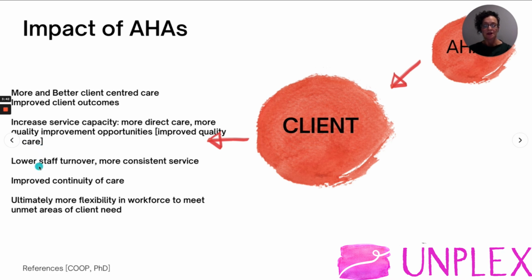Through lower staff turnover, we'll see a more consistent service. We'll see improved continuity of care, and ultimately we'll see the flexibility in the workforce to impact unmet client needs. So this diagram helps us to understand how allied health assistants can impact the client in these ways.